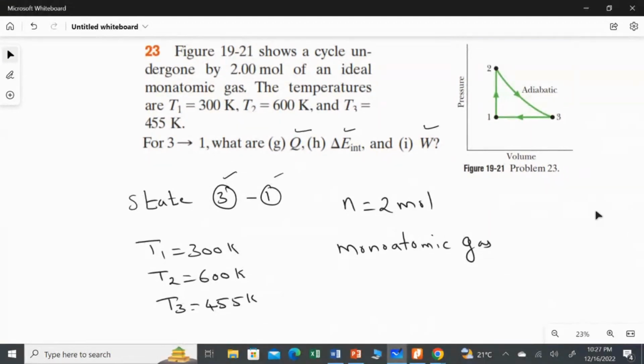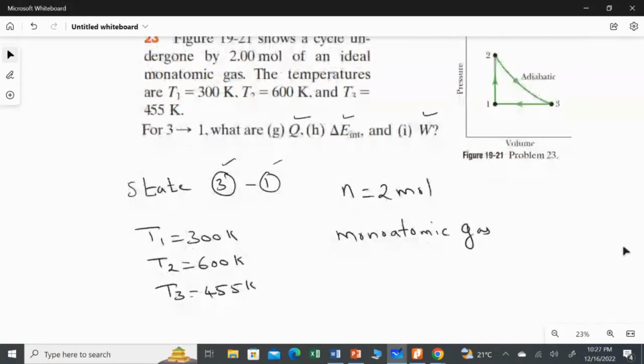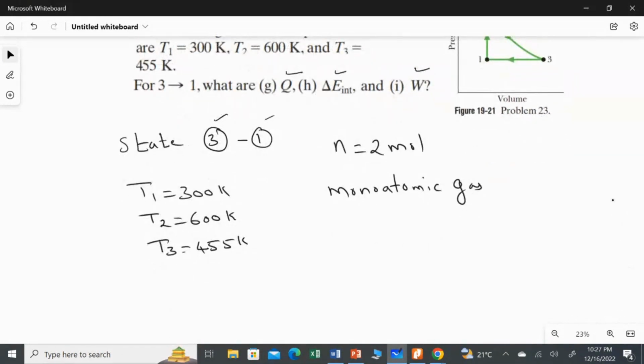So whenever there is a change in volume, the process is at constant pressure. So what's the process here? The process here is at constant pressure. Clear? Okay. And for this, we are going to find the heat energy transfer.